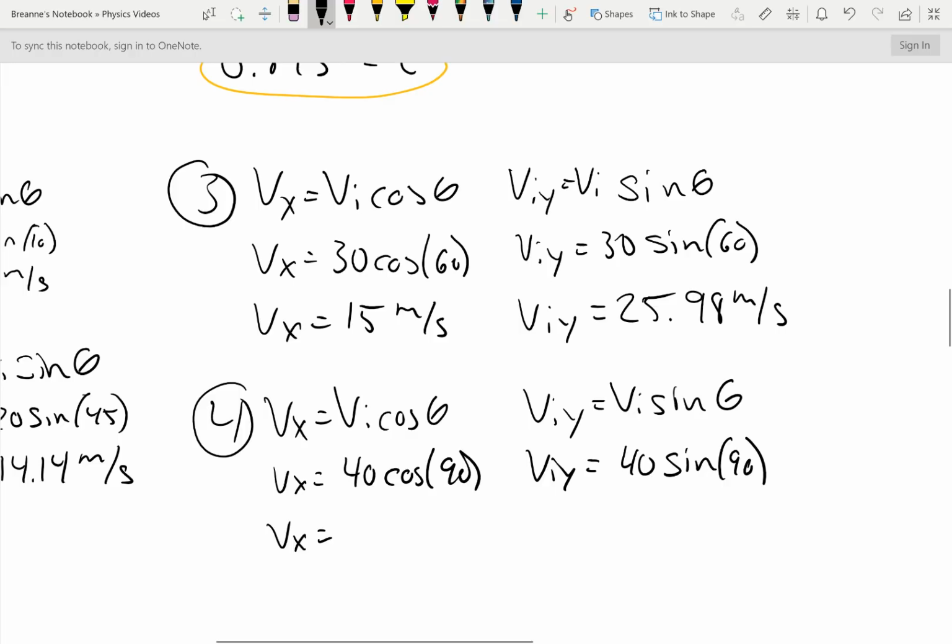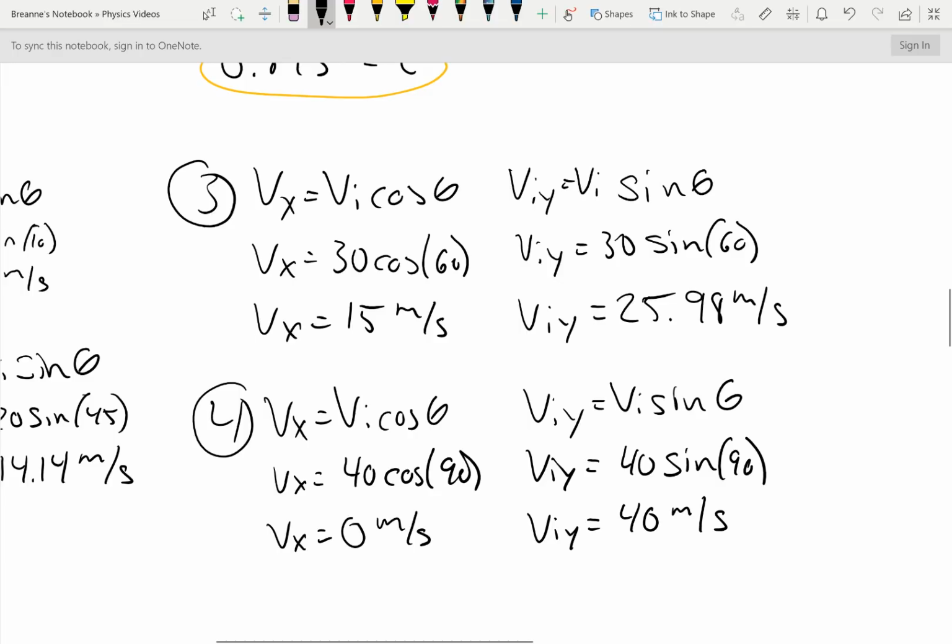You plug that into your calculator. 40 cosine of 90, oh, that gets you 0. And if you do 40 sine of 90, oops, helps if I actually put it in right. Let's try that again. And that just gets you 40 meters per second.